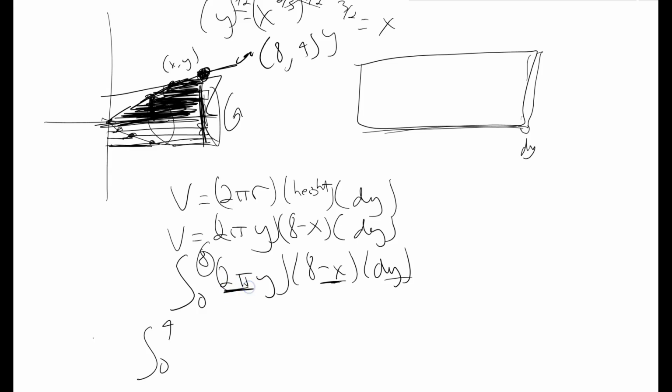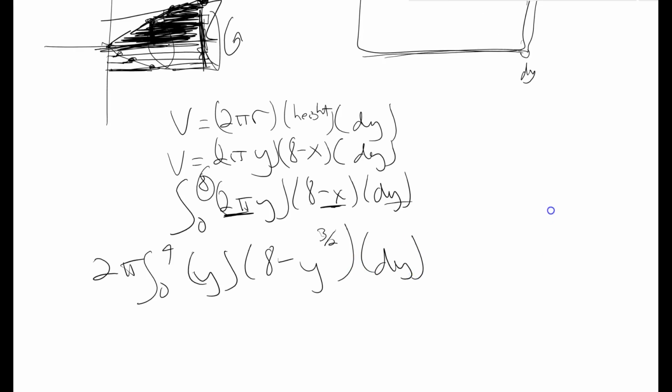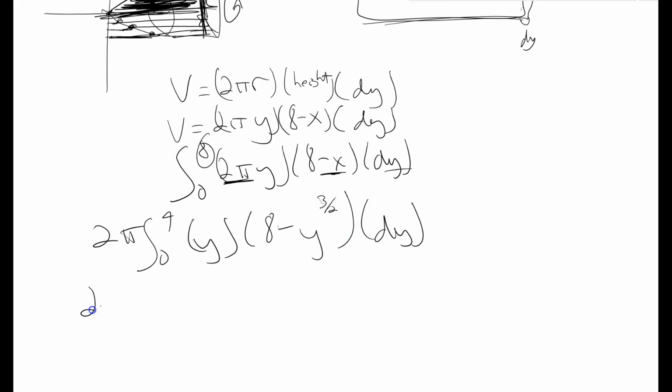2 pi, we can pull that out front. Y, we'll just leave it there. Now 8 minus x, but instead of x, I'm going to put y to the 3/2, dy. Okay, now it's looking a little better here. So let's see, 2 pi, 0 to 4. I'm going to distribute this y.